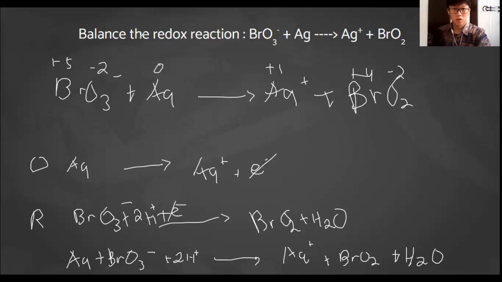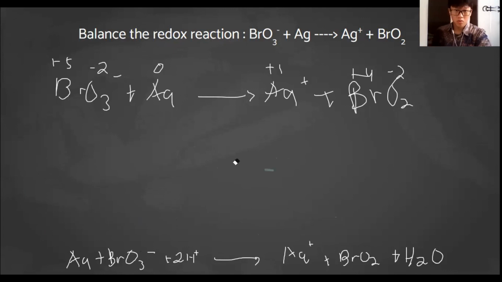But since we're trying to find the redox reaction in a basic solution, we have 2 more extra steps. So let me erase this part. Okay, so step number 4: for each hydrogen, we add a hydroxide on both sides. Here, there are 2 hydrogen, so we add 2 OH, or 2 hydroxides, on both sides. And then we combine the hydroxide with hydrogen to form H2O.